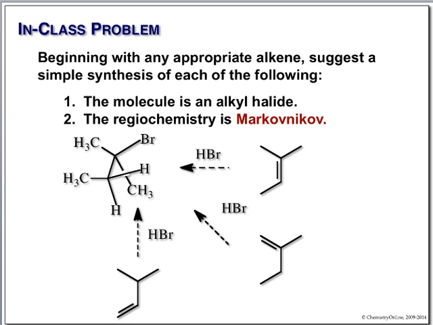If we form the carbocation here, we can get a hydride transfer, form the carbocation here, add bromine, and we're there. All three of these alkenes would give exactly the same product. These two by direct addition, this by rearrangement of the secondary carbocation to the tertiary.